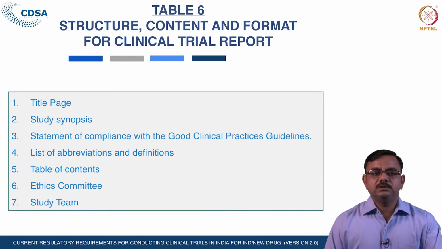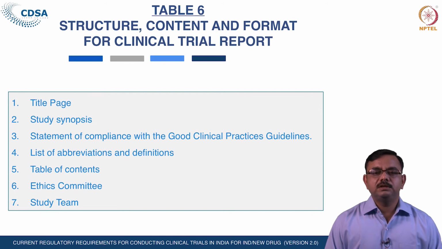Now let us move toward Table number 6. It is the structure, content and format for a clinical trial report. As I have mentioned, this has been covered in one of our lectures, which is exclusively on how to report a clinical trial. So in the report, the details of the study, the details of the protocol and what was approved, the investigational plan, how they evaluated the study, what the results are, and what references they have made, then the investigator brochure.